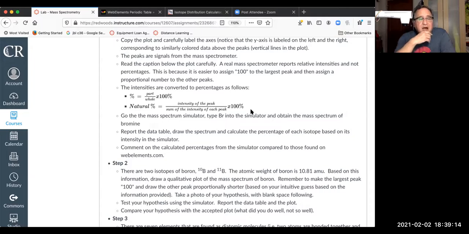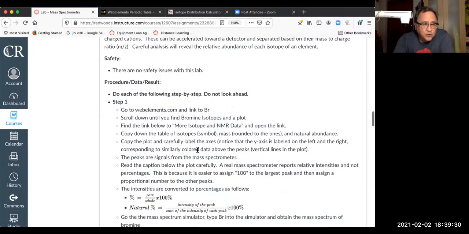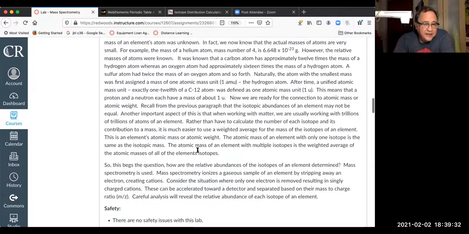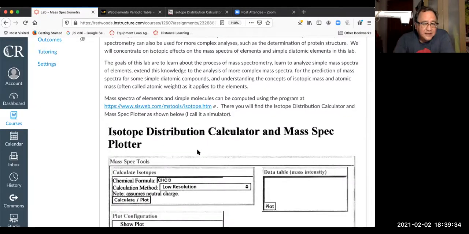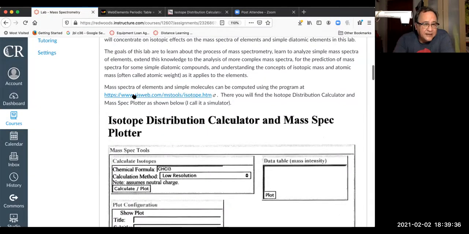Okay, now we're ready for the next part. What we want to do is take a look at the mass spectrum simulator just to see what it does. And the link to the mass spectrum simulator is towards the beginning of the lab. And that is the link right there.